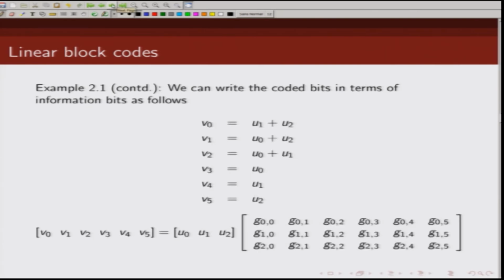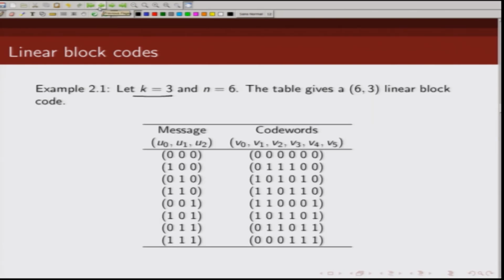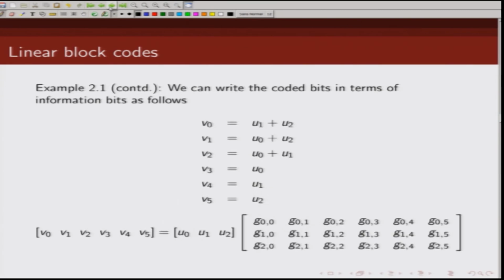So, let us look at each of these. V0 is this column, and we can see this is the same as U1 plus U2. U1 plus U2 in this case is 0, 0, 1 plus 0 is 1, 1, 1 plus 1 is 0 modulo 2, and 1 plus 1 is 0 modulo 2. So, V0 is basically given by U1 plus U2.